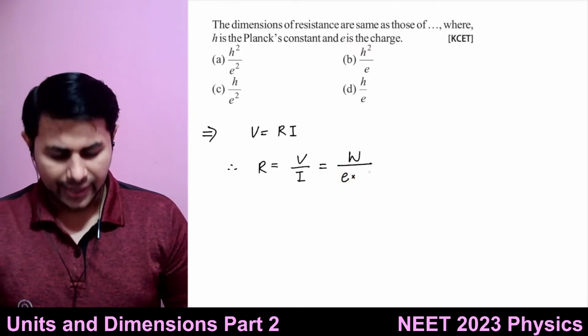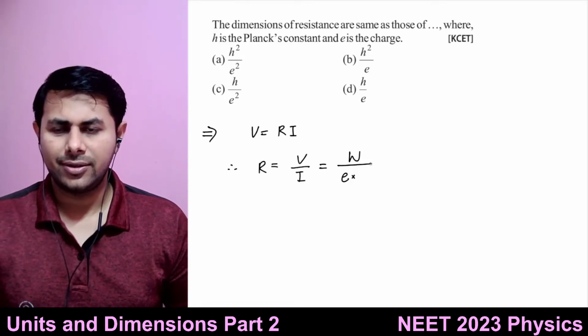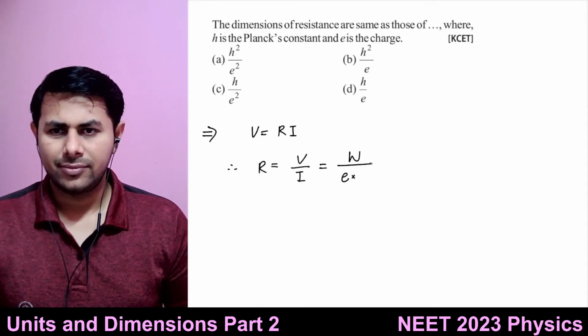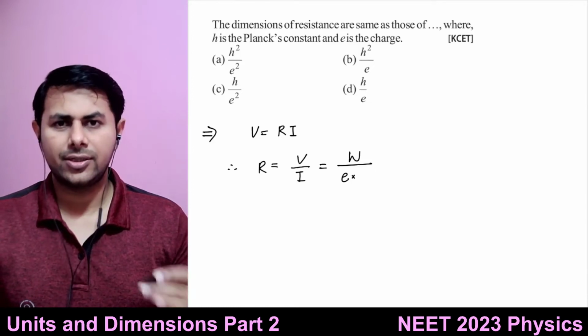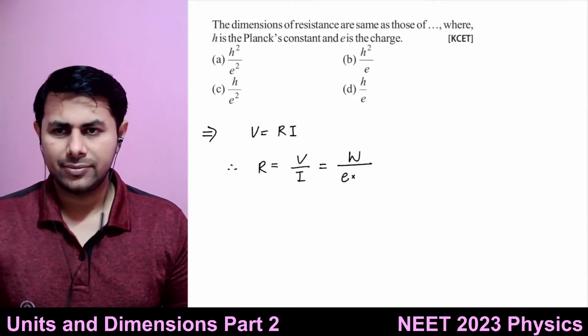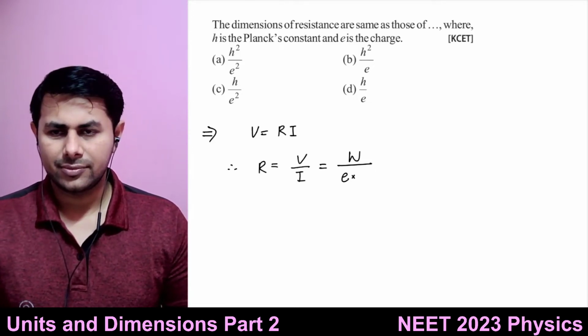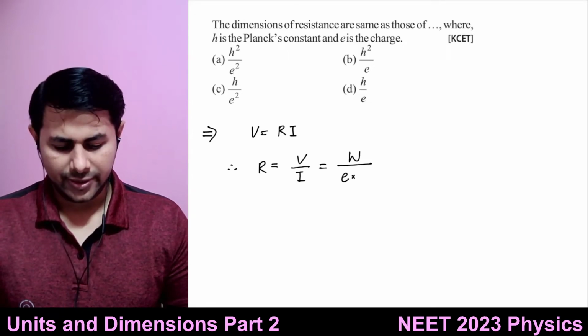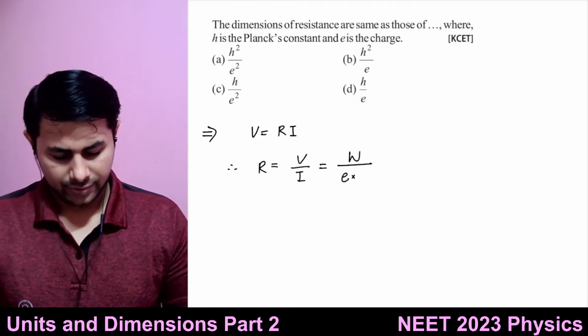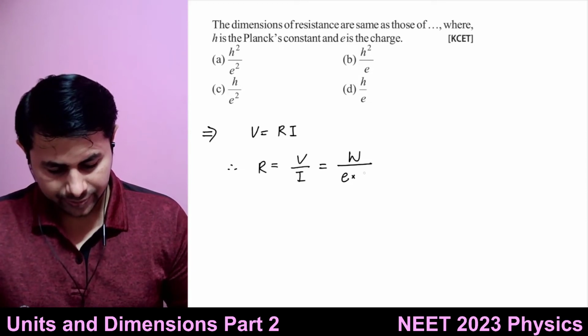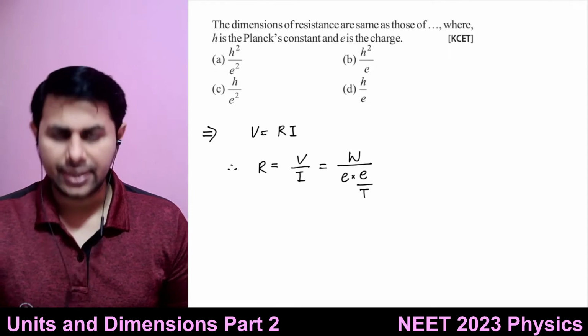And I can be written as what? Current, amperes. So it is charge per unit time.